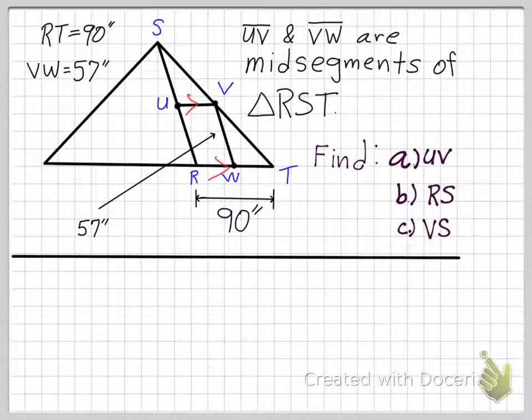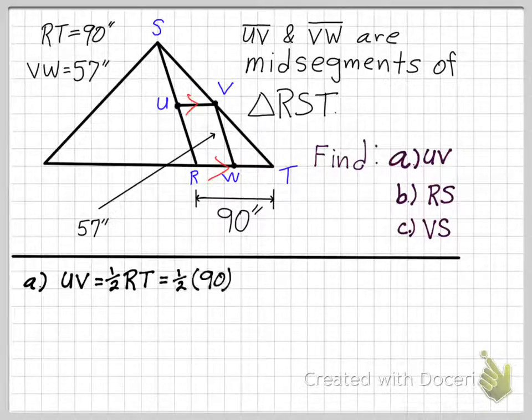Therefore, UV is 1/2 of RT, because the mid-segment is half of the side that it's parallel to. The value of RT is 90, so 1/2 of 90 is 45. So UV is 45 inches.